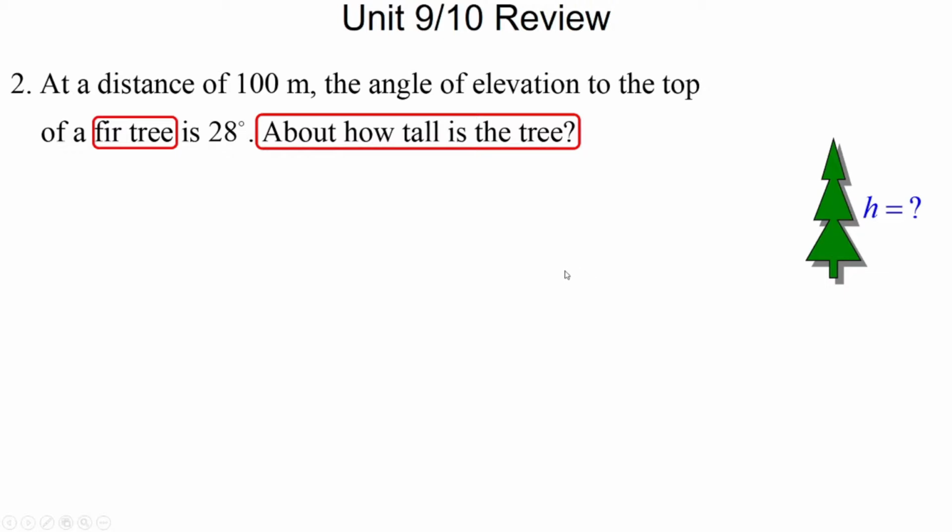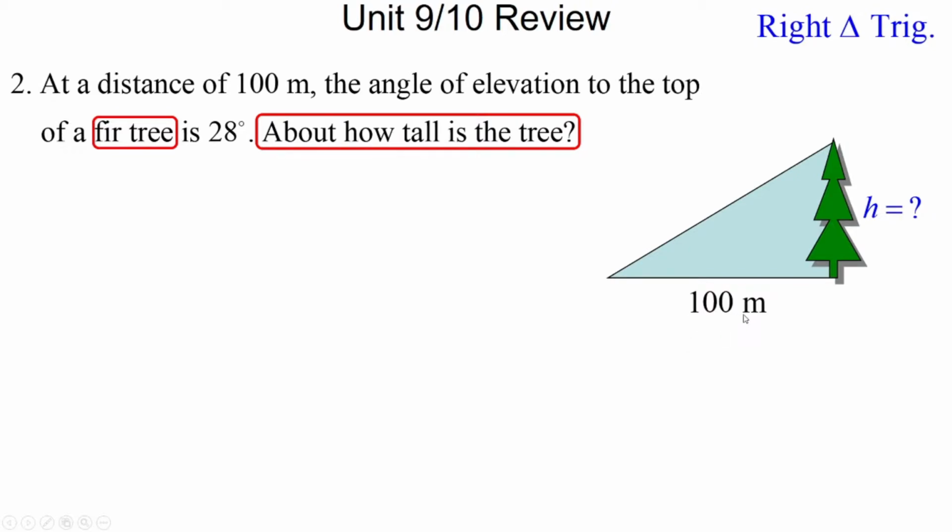So let's just create a right triangle in this diagram, because we are doing right triangle trig, and this is a 90-degree angle right here. And this acute angle right here is 28 degrees, and the distance from the vertex to the base of the tree is 100 meters. So let's put that into our diagram. There's my 100 meters, and there's my acute angle of 28 degrees.